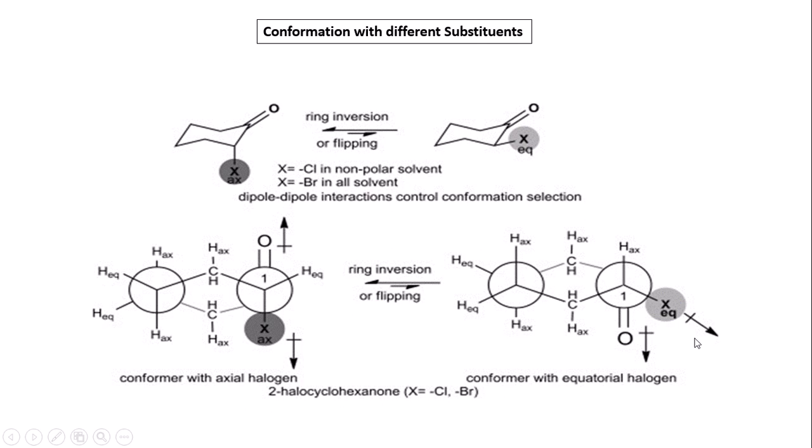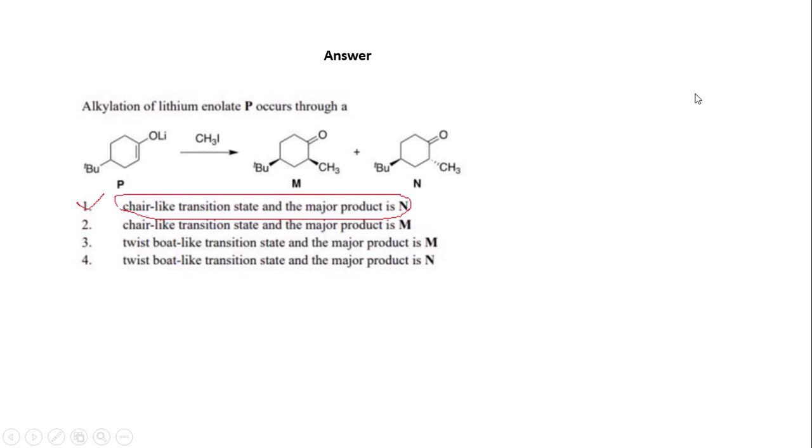The equatorial one has more dipole-dipole interaction, that is, the negative charge on the oxygen atom and the X atom undergo repulsion here. Next problem: what is the result of this problem?